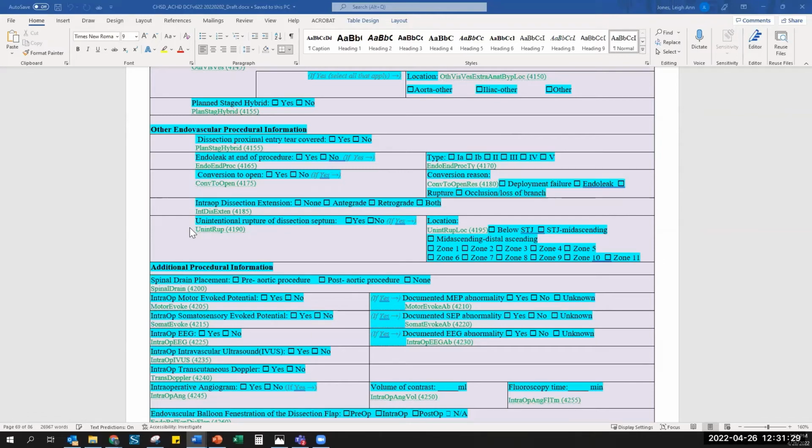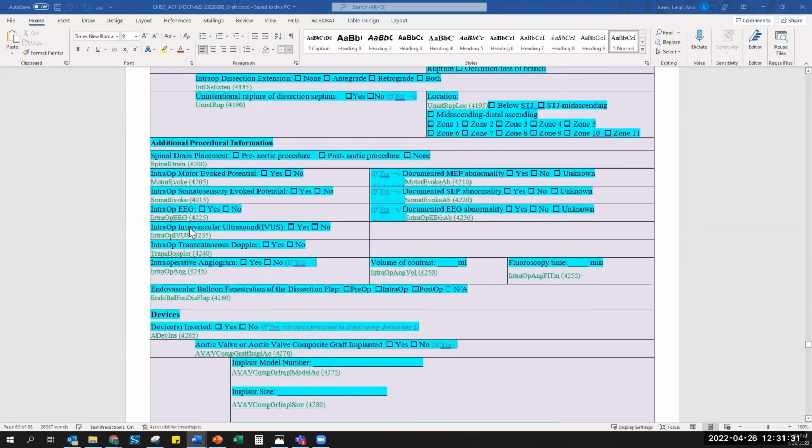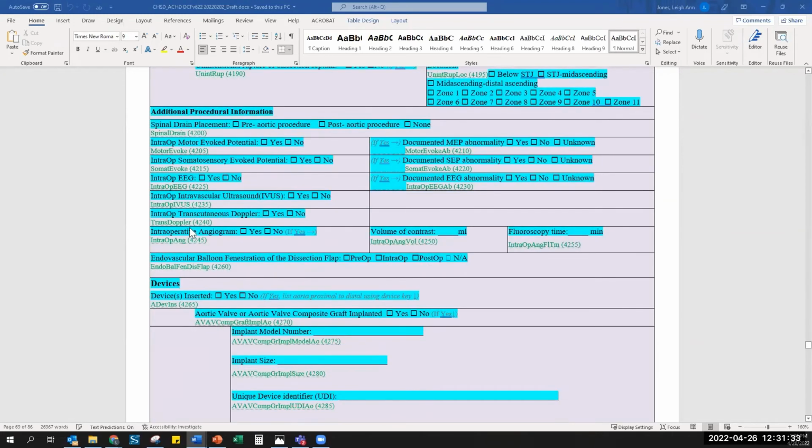So as we move through, we've pretty much got through all of our types of procedures. Now we're coming into a section where we have some questions for all the aorta procedures. So all the cases would have answered these questions.